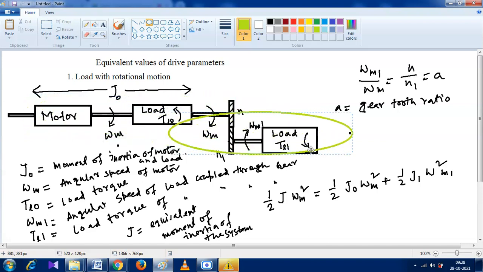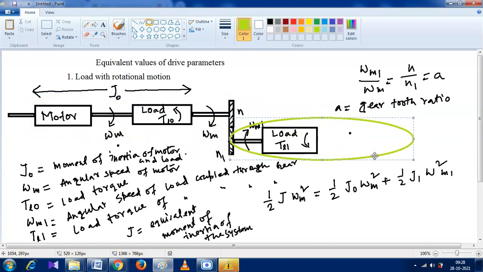What is the value of kinetic energy of the load which is coupled with gear to the motor? What is the value of the moment of inertia of that?